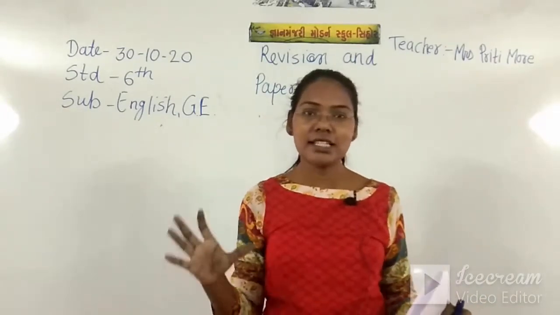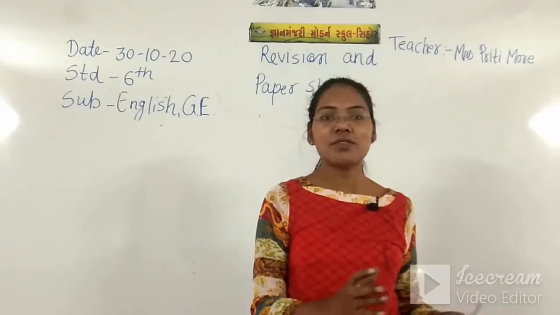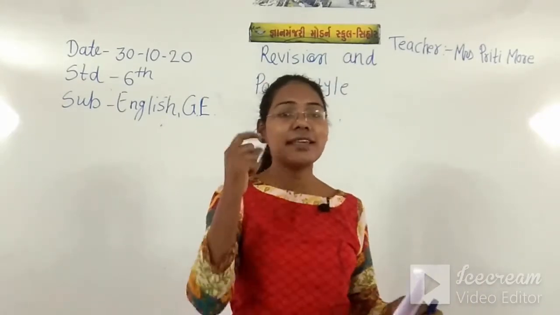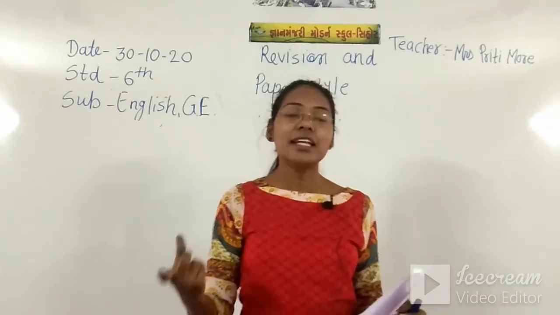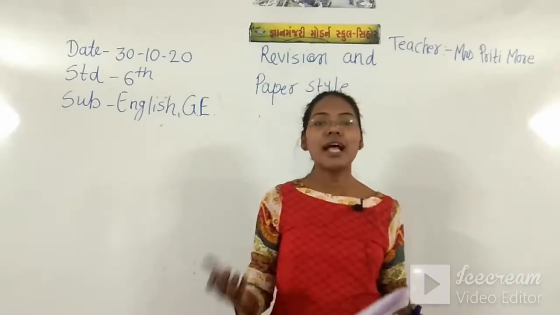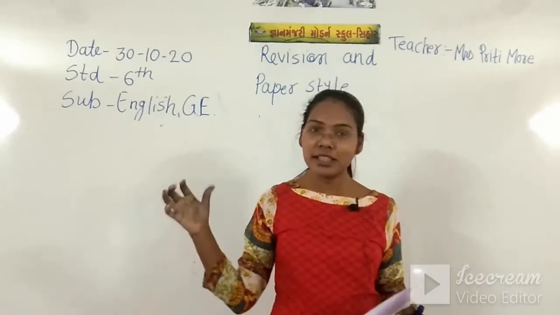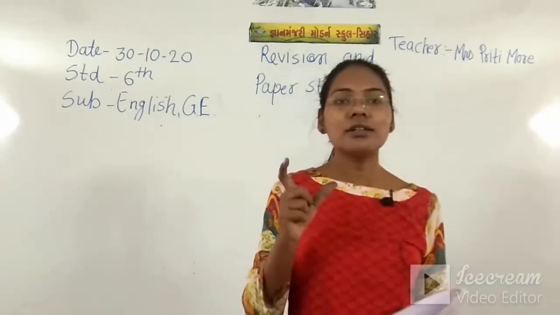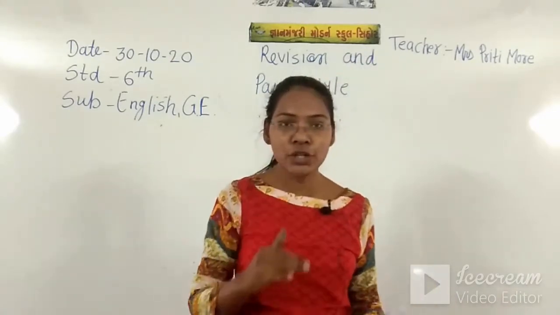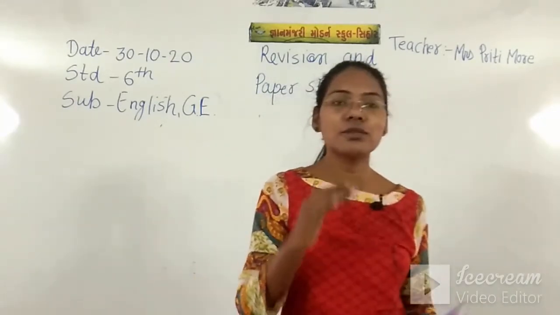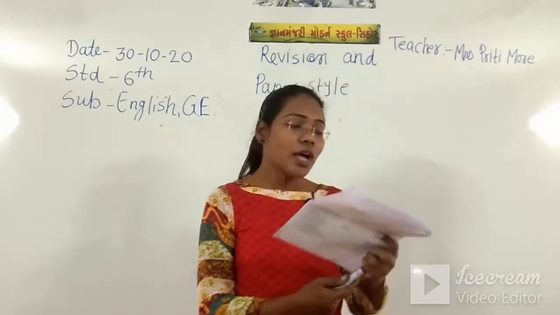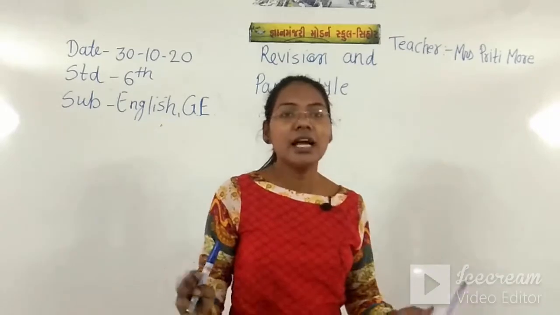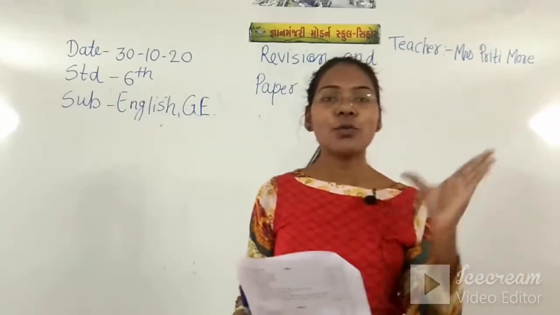There are lessons like the first lesson is Patrick, second was the dog and his master. Like this lesson there are some difficult words, there are some new words and their meaning is written there only in that rectangle box. So all the glossary you have to write in your notebook and learn.